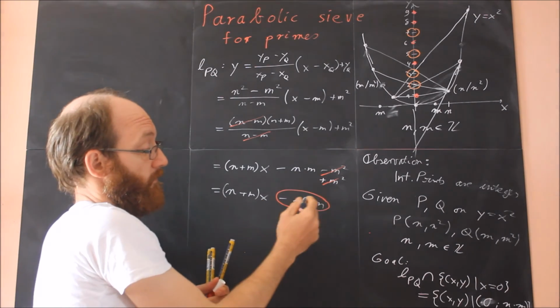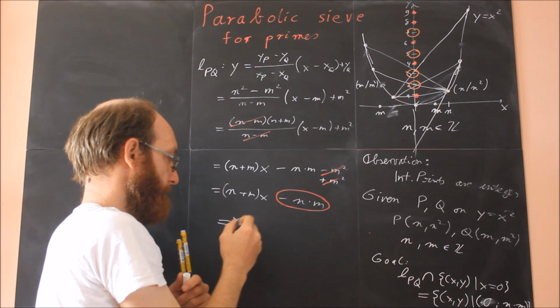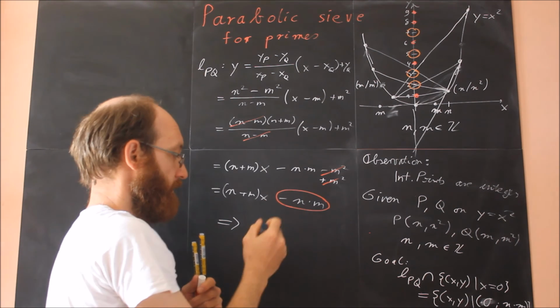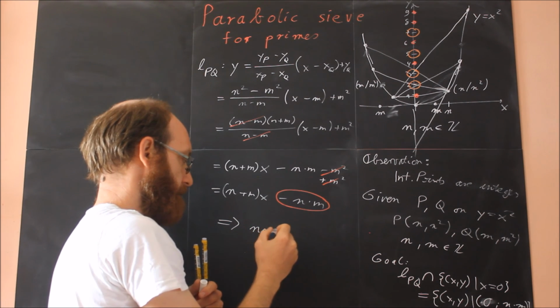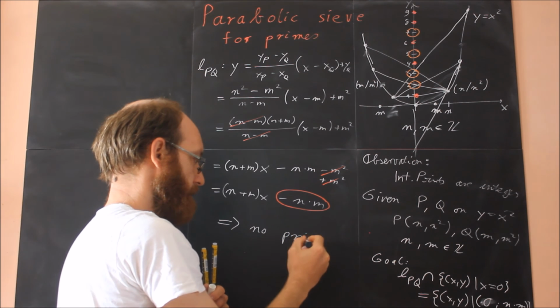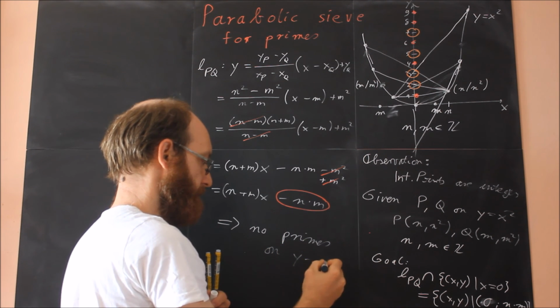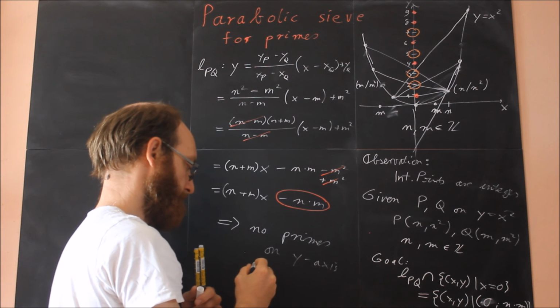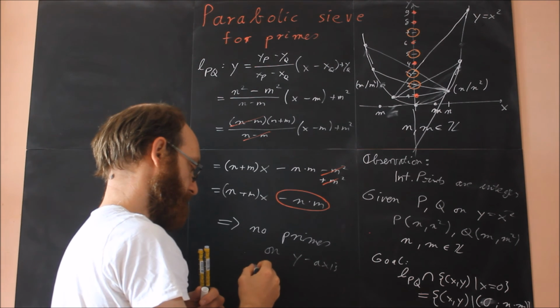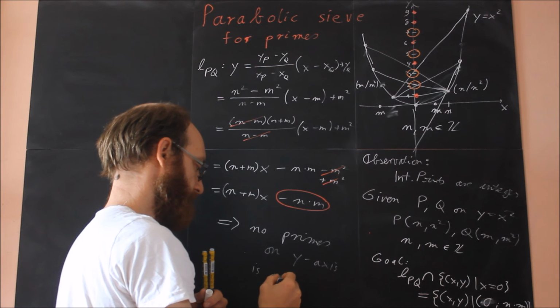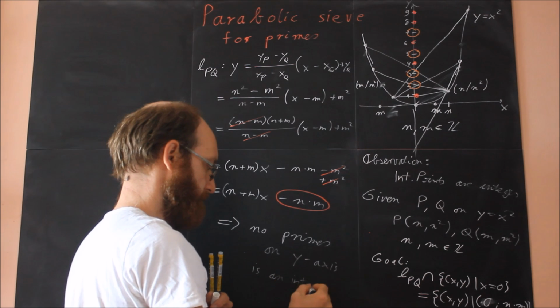So therefore no prime on the y-axis is an intersection point.